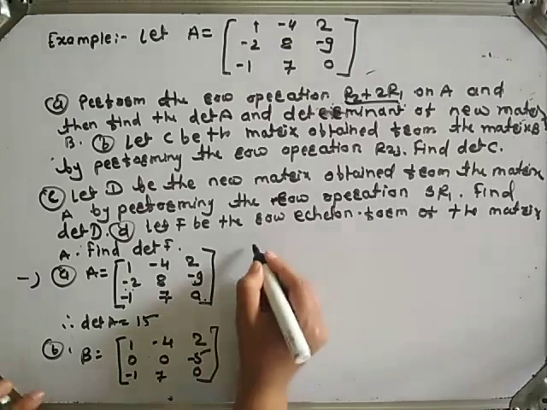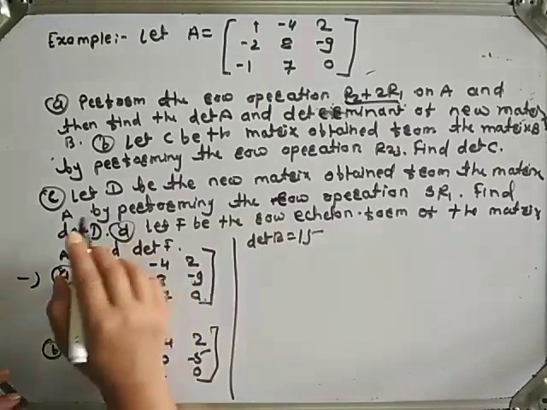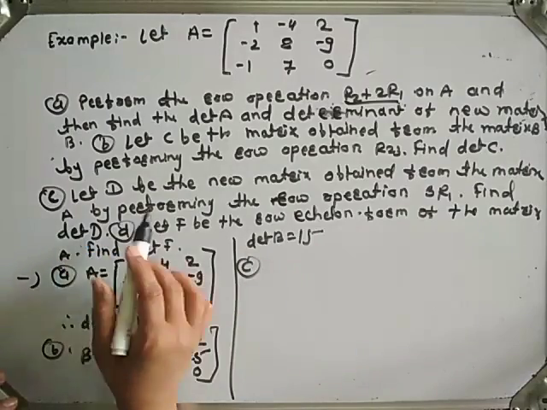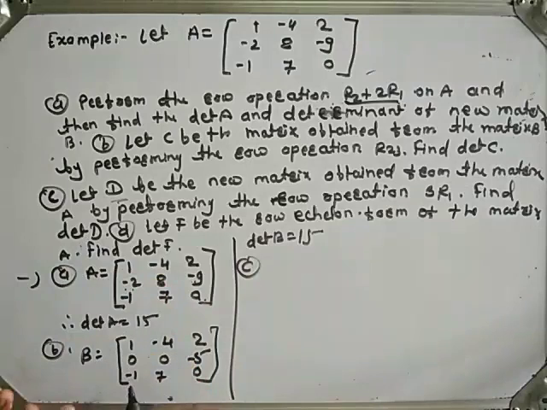Okay, and determinant of B is equals to 50. Okay, now we have to solve part C. D is the matrix obtained from matrix A by performing the row operation.